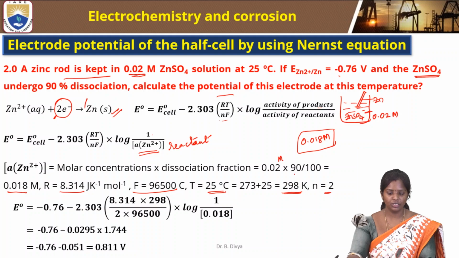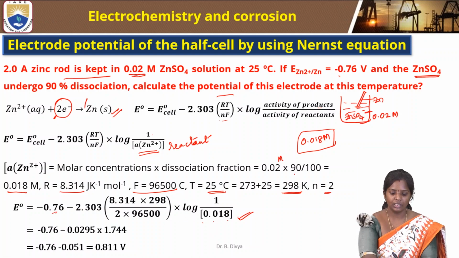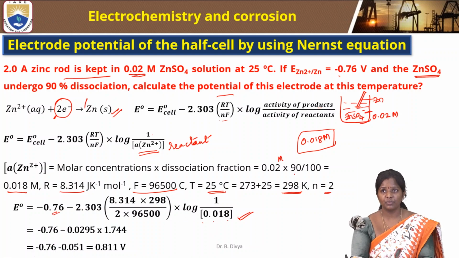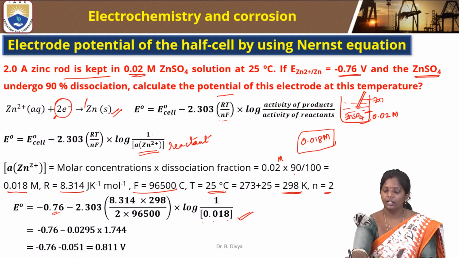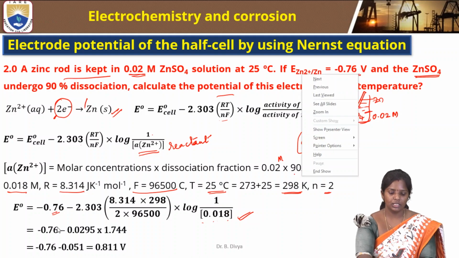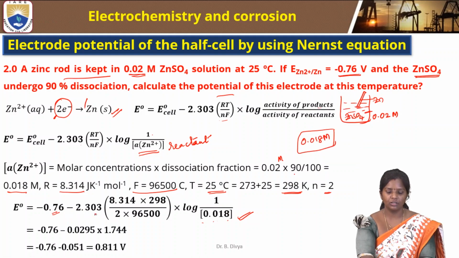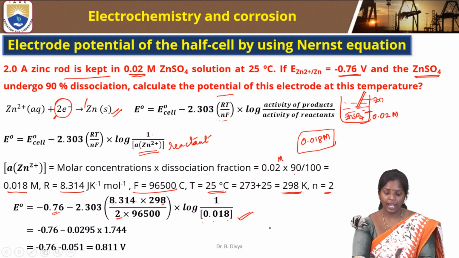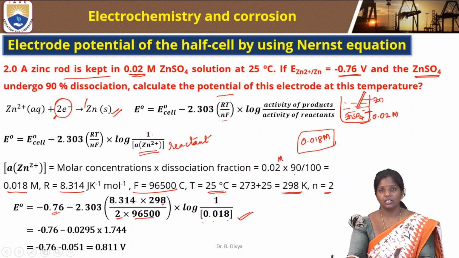Upon substitution, we take the concentration as 1 by 0.018, and the E naught given in the question, minus 0.76 volt, is substituted here, minus 2.303, then 8.314, the R value, then T in Kelvin, 298 Kelvin, by 2, the number of electrons involved, and F is 96500 coulombs.